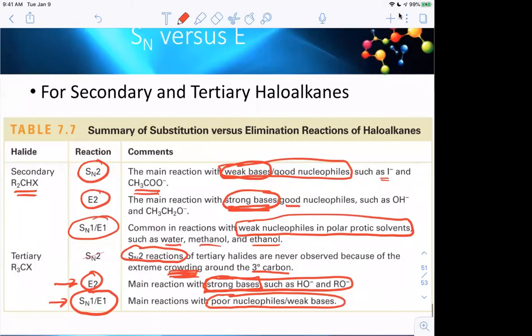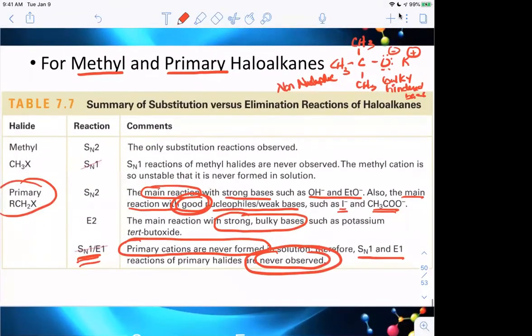So if I look at primary alkyl halides, I'm going to get either SN2 or E2, right? And what I'm going to get is the main reaction with weak bases is going to be SN2.